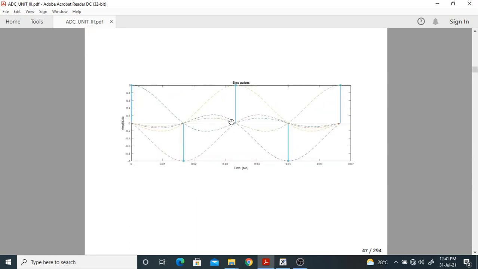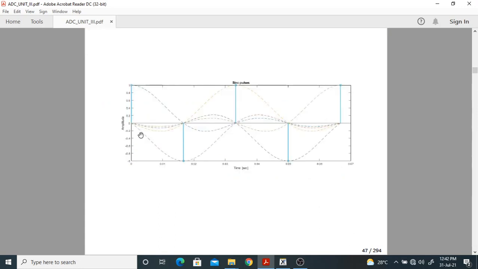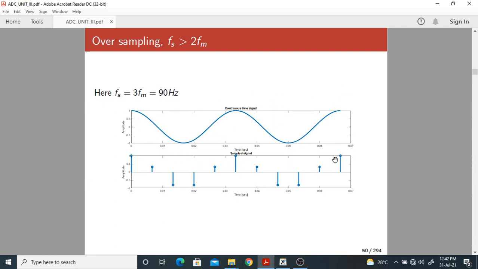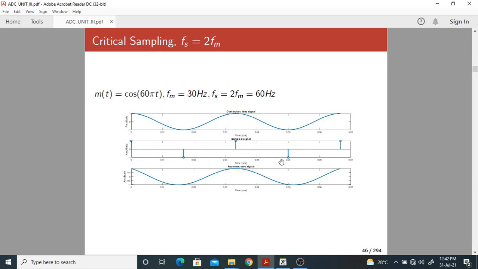Here, I have taken the minimum samples required to represent the signal. So here, when I have taken more samples, obviously you get more accuracy in reconstruction. And here, these are the minimum samples required for perfect reconstruction.